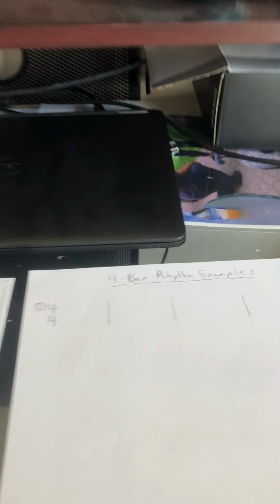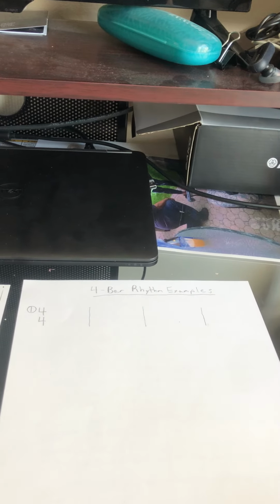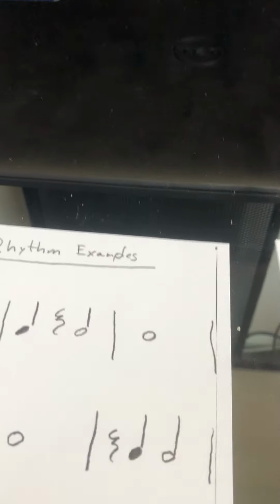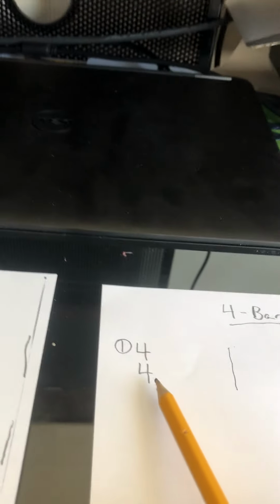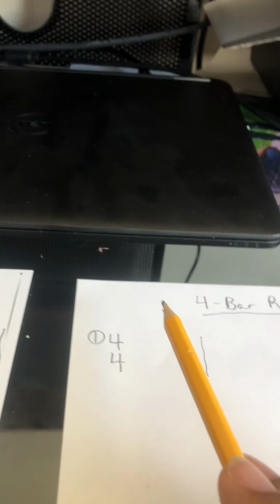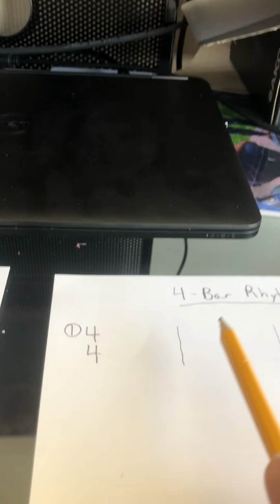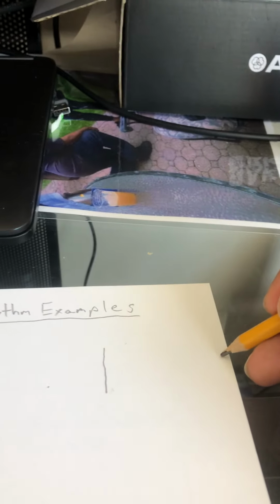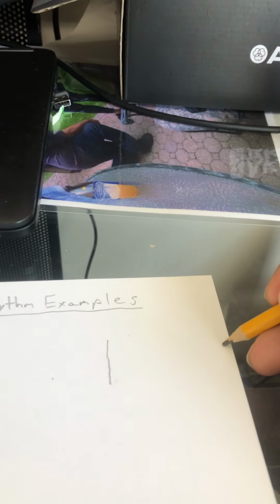So it looks like that. See how nice and even that is? All right. Now, once I have my time signature, and then all of my measures, I'm sorry, I gotta write an end line here.